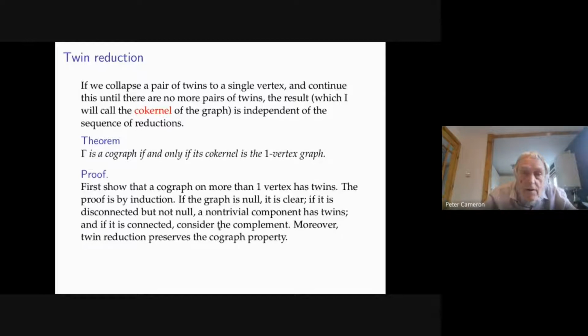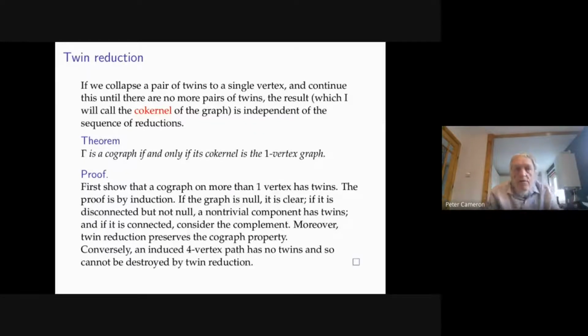So any cograph contains a pair of twins, and twin reduction preserves the cograph property, because by twin reduction you can't create a path of length 4 that wasn't already there. And in the other direction, if the graph contains an induced 4-vertex path, then no two of the vertices in that path can be twins, because they have different neighborhoods already in the 4-vertex path.